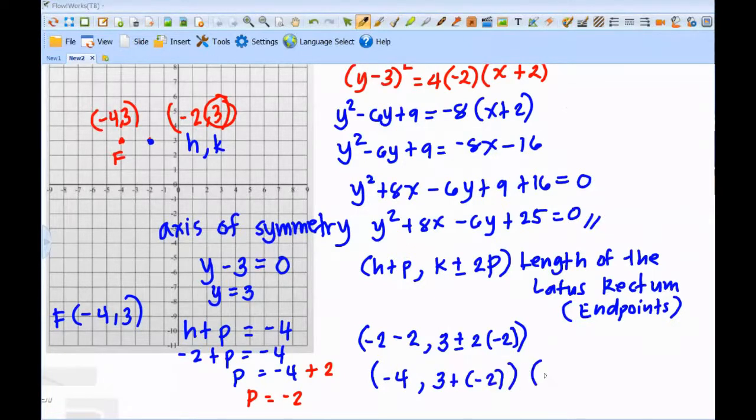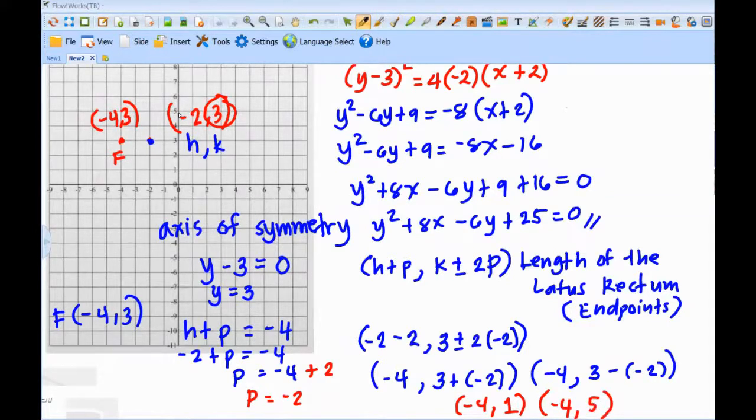At the same time, negative 4 and 3 minus negative 2. So then we have the value of the endpoints would be what? Negative 4 and 1, also negative 4 and 5.